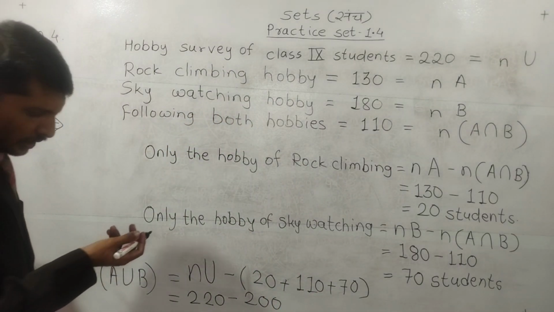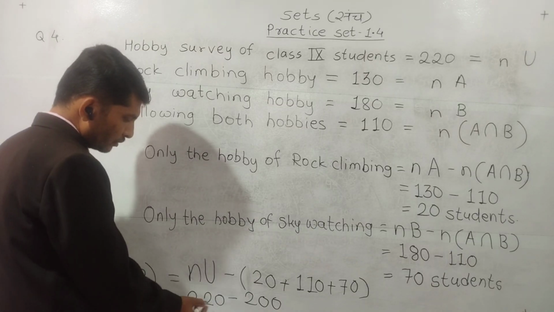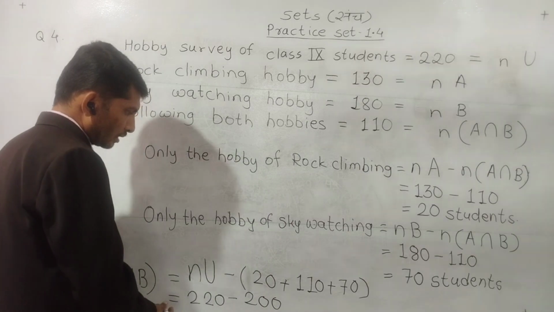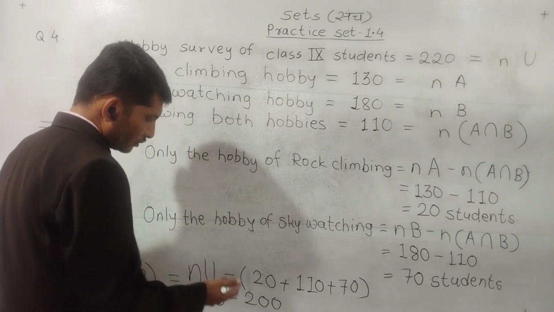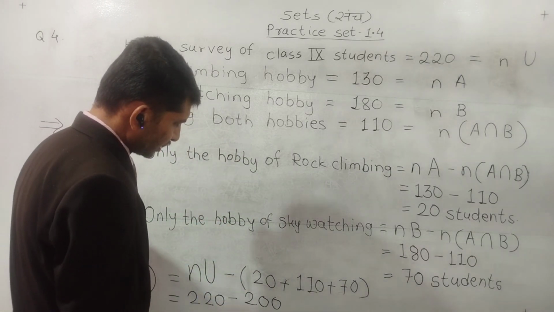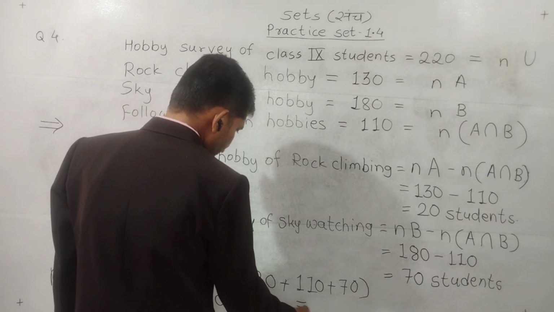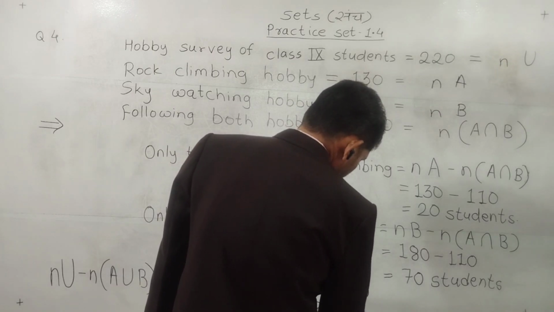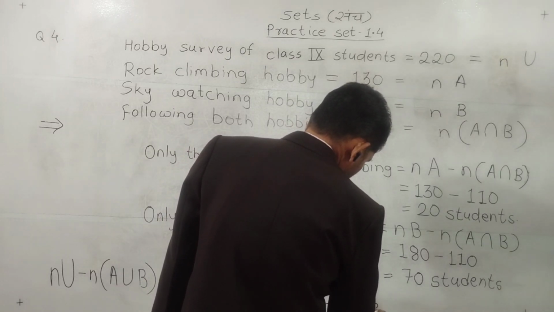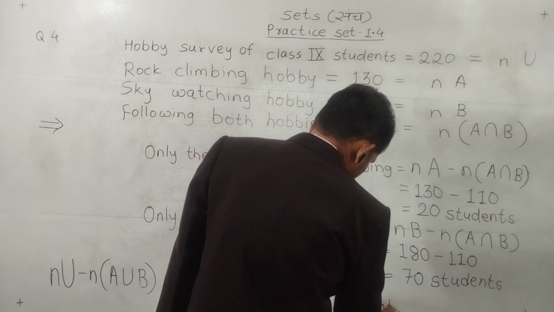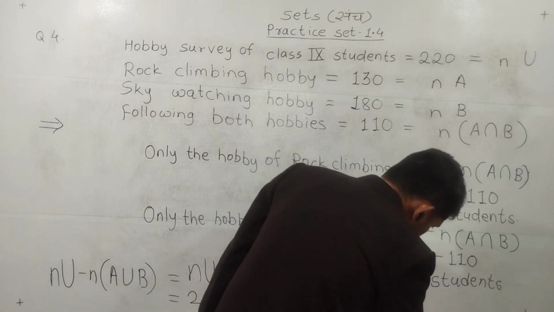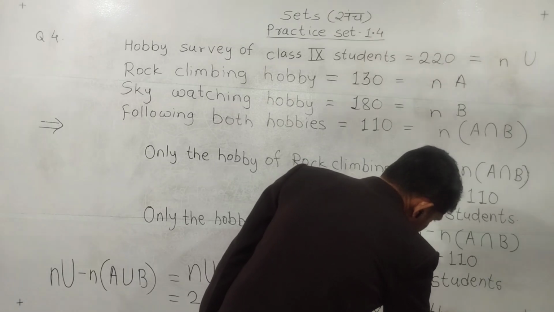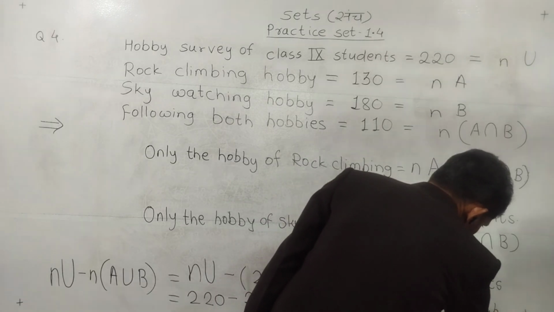So now we have to minus 200 from 220. Okay, total number of elements from universal set. We have to subtract 200 from total number of elements present in universal set. So is equal to 20. 20 students don't have any hobby.